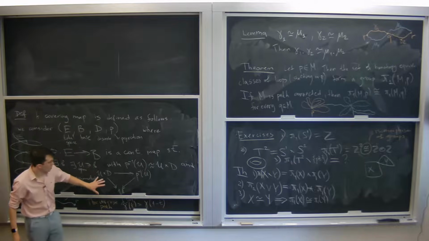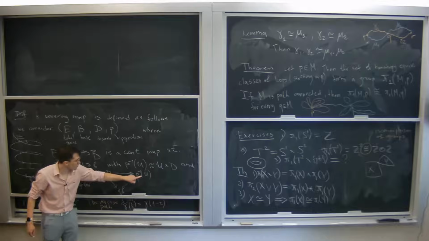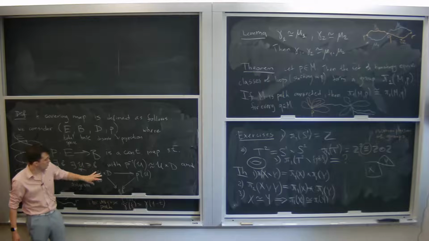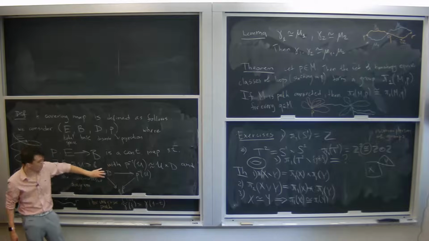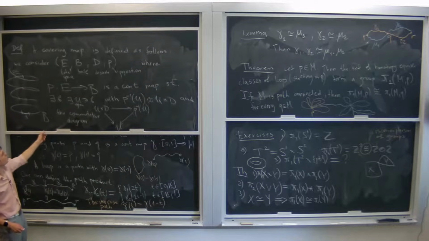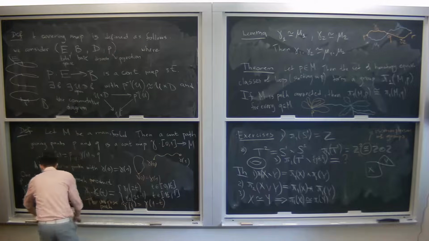Basically, this means that it is the same to go to p inverse of U through this homeomorphism and then go to U, as to just naturally project onto the first factor. So this is the notation of a commutative diagram. Now I want to state the following theorem. In fact, any homotopy in the base lifts uniquely to the homotopy of the covering.